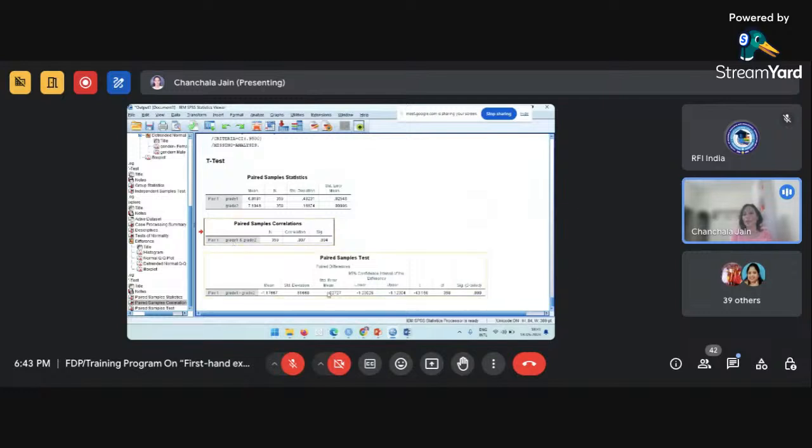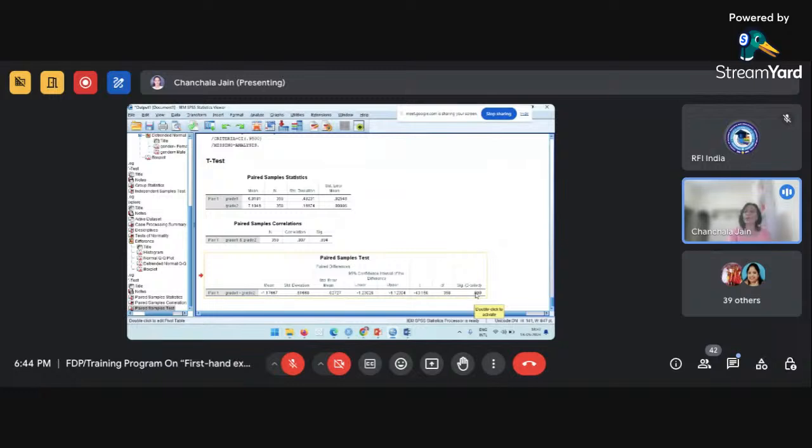Coming to the last table, which is for grade 1 minus grade 2, you can see this is the mean difference. Standard deviation is this. Then the standard error of mean and the 95% confidence interval of the difference are coming. Lastly, you can find the t-value, its degrees of freedom, and the significance value.